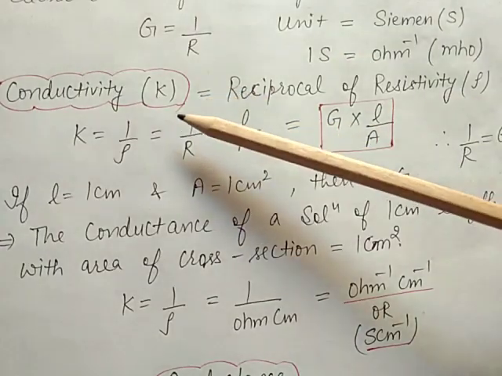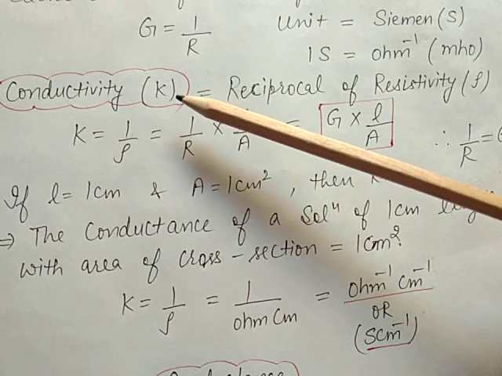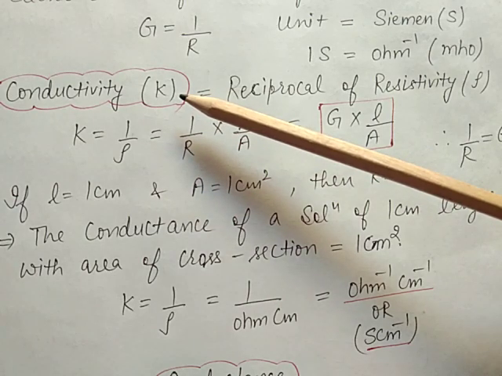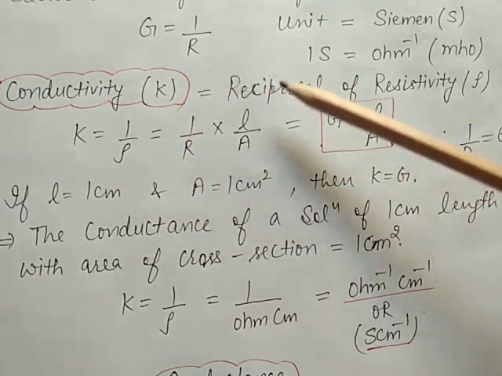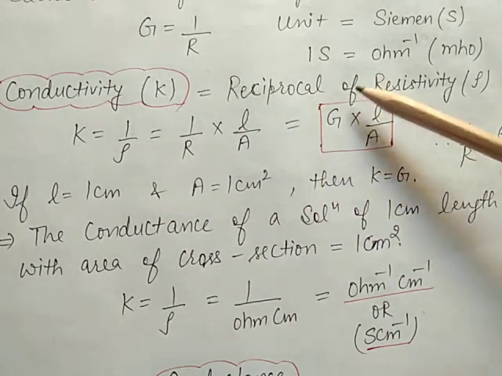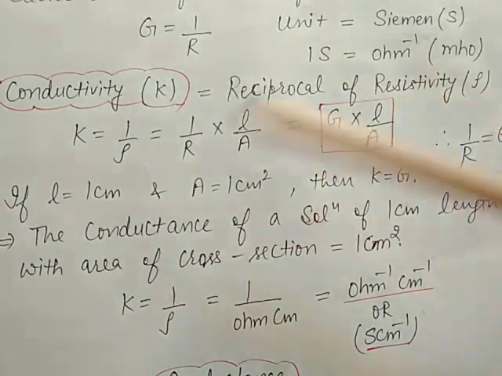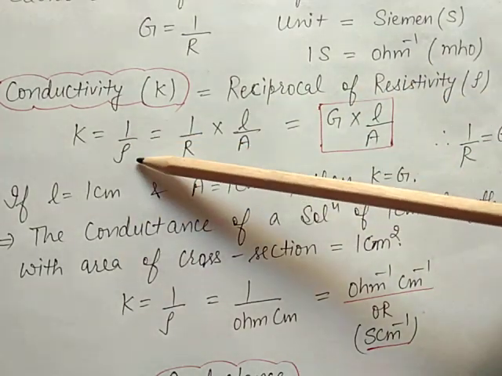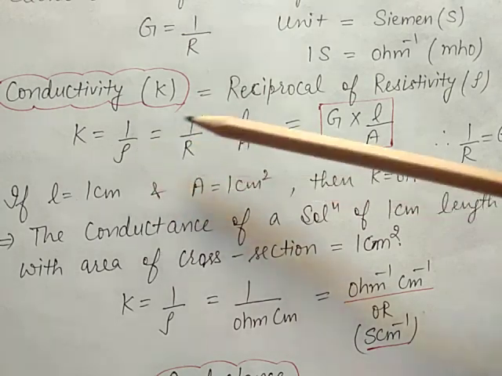Now the next definition is conductivity. It is denoted by K. It is the reciprocal of resistivity. K is equal to 1 by rho.